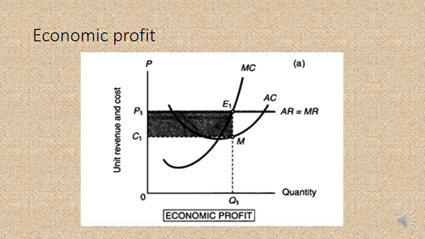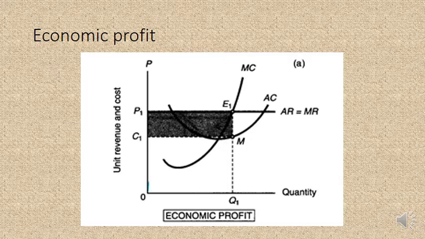Equilibrium is where MC is equal to MR, E1. So your equilibrium price is P1, equilibrium quantity is Q1. The total revenue area is average revenue multiplied by the quantity. So it's the whole block from, I'm going to try and highlight it for you, in blue.